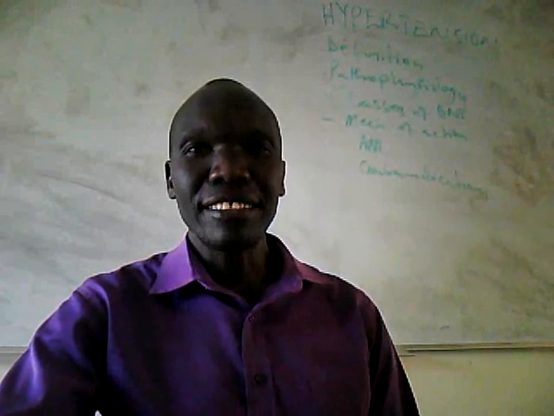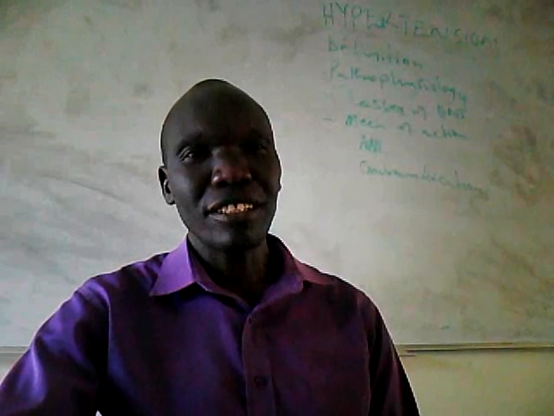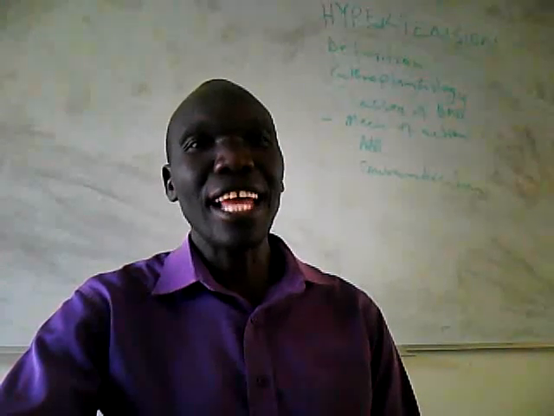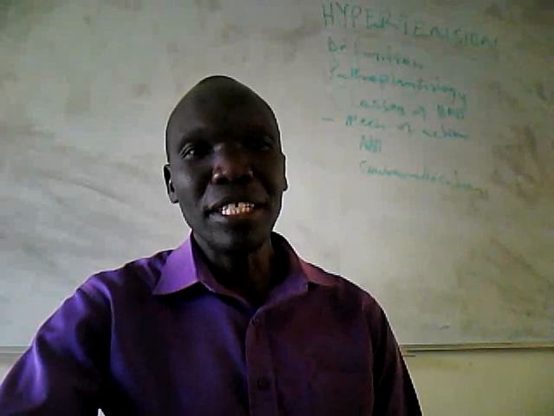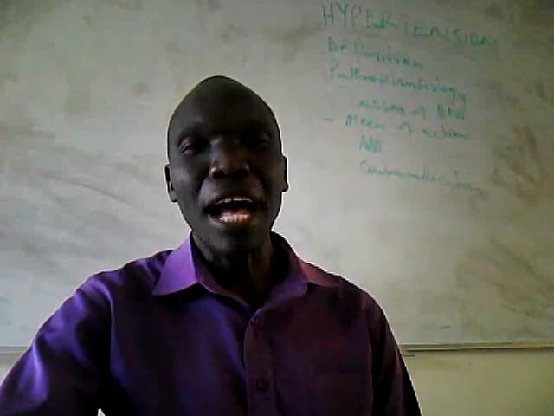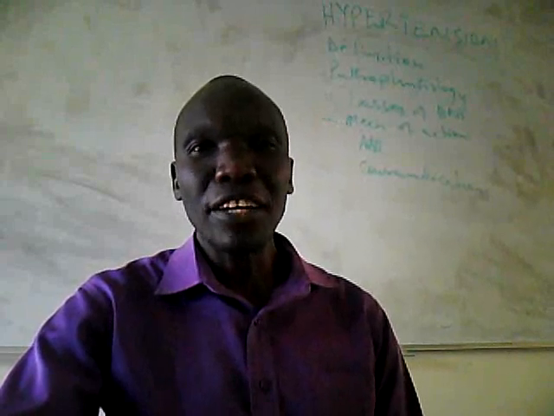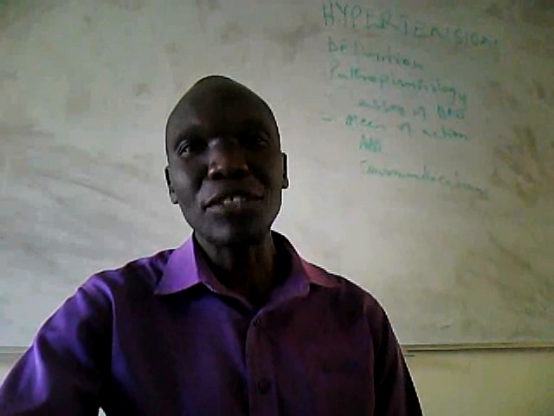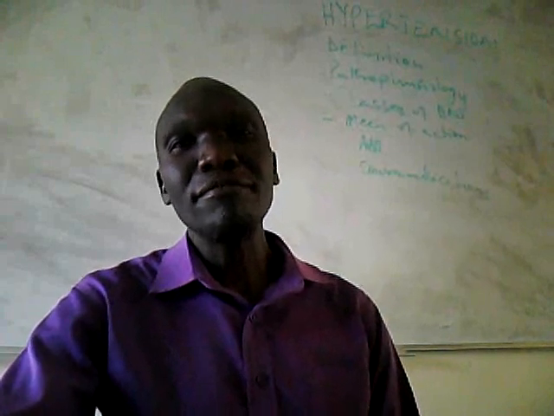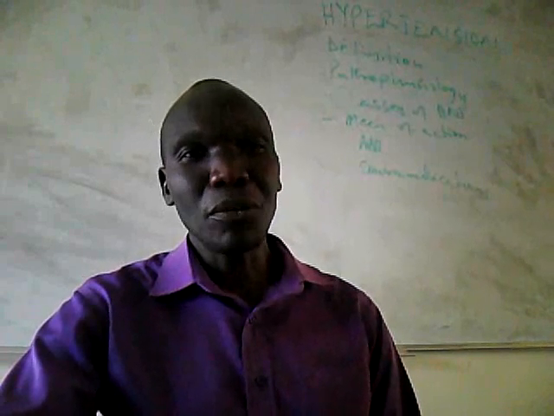So anything ranging above this is an eye opener, but may not necessarily be concluded to be hypertension until it reaches above 140/90 millimeters of mercury. If it's above that, that's when you can conclude.